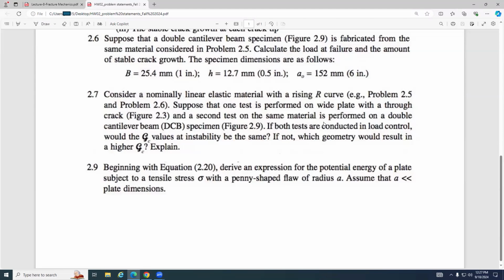So it equals pi a squared, this is area, multiplied by gamma s, and gamma s is the surface energy. So this is only one surface.